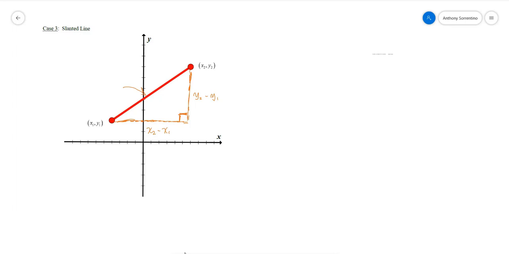And that Pythagorean Theorem would say I would take this distance here, add this distance here, both these being squared, and that would equal, I'm going to call this distance d squared. And to solve for d, I would square root both sides.